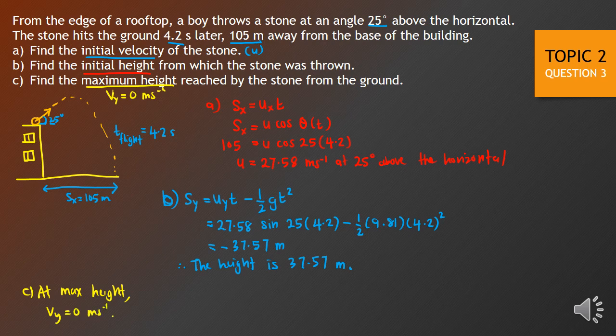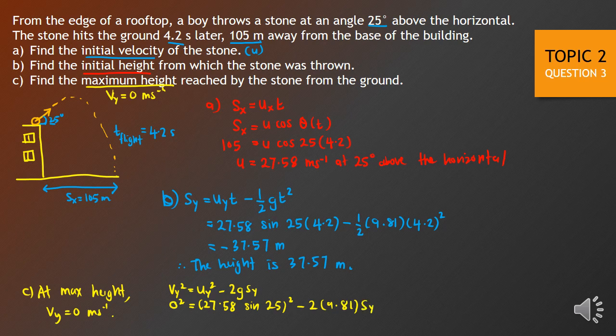Therefore, we want to find Sy, which is the maximum height reached from the initial position of the stone. So we can use SUVAT. So Vy squared equal to Uy squared minus 2GSy. So this is 0 squared equal to 27.58 sine 25 squared minus 2 times 9.81 Sy.